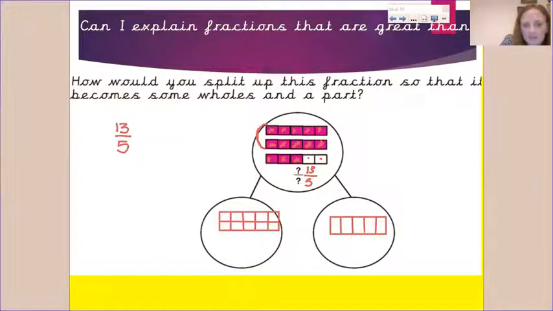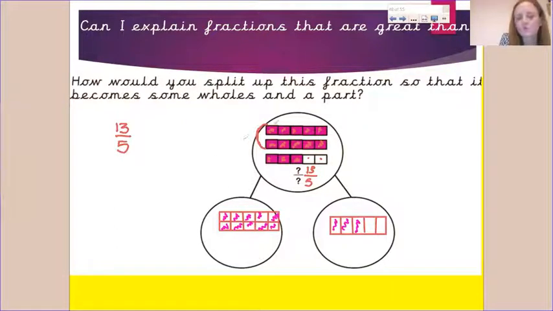You can see that actually this bit here is colored in. So 1, 2, 3, 4, 5. 1, 2, 3, 4, 5. 1, 2, 3. Okay. You may be saying, why don't we just make it out of 10 or out of 15?